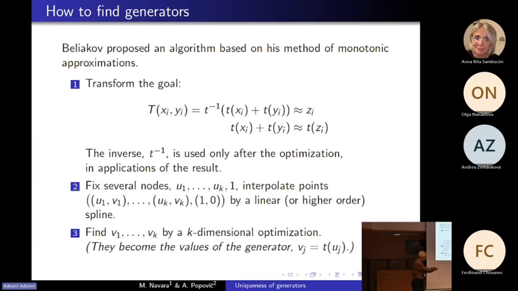And these values will become the values of the designed generator, exactly because it's an interpolation which goes exactly through these points. So this is a task which was simply solved by methods which Belyakov developed for other purposes.